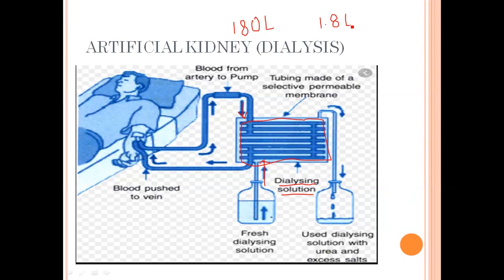If the kidney transplantation is not done by a close donor, then it may result in some sort of immune rejection, which is called rejection of the graft, or rejection of the transplant by the immune system.